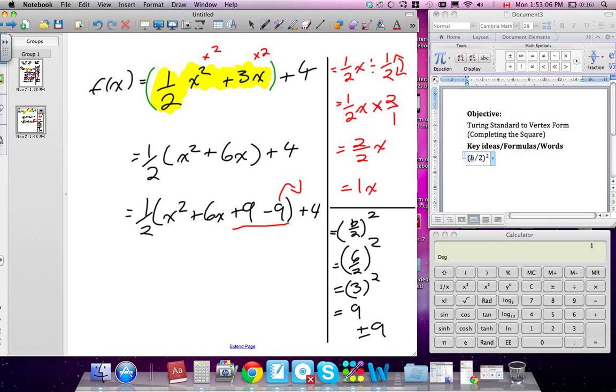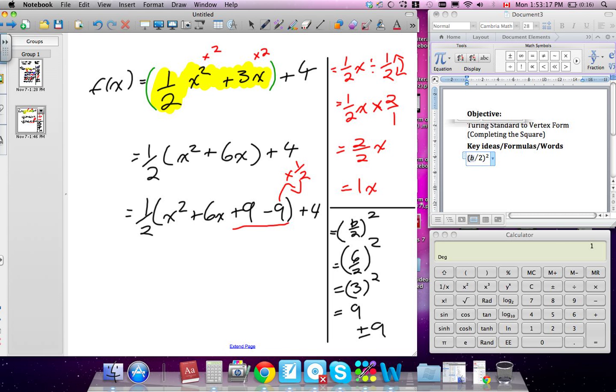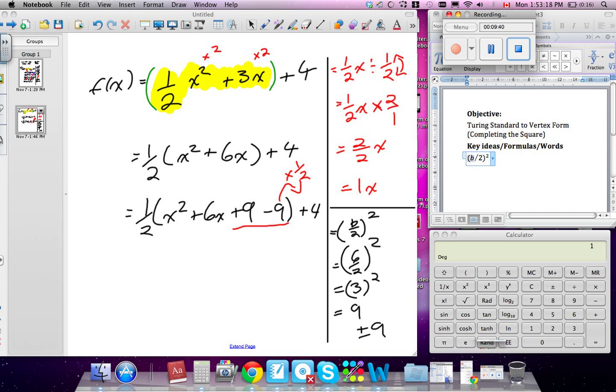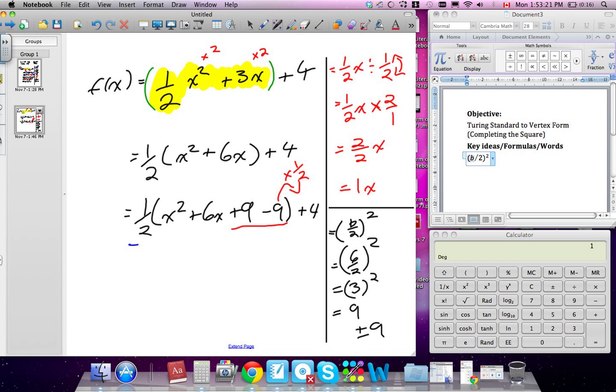So what do I have to multiply when I put it outside the brackets? By a half, or 0.5. No, it's not 2 every time. In this case, it's a half. So we're multiplying by a half.